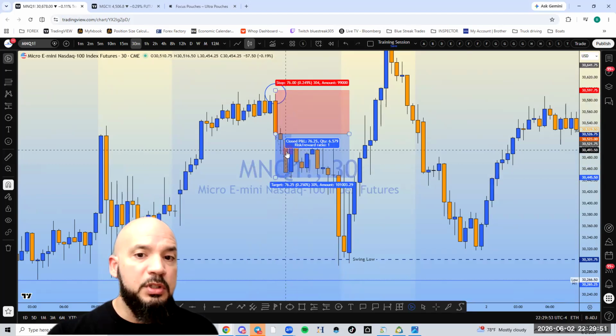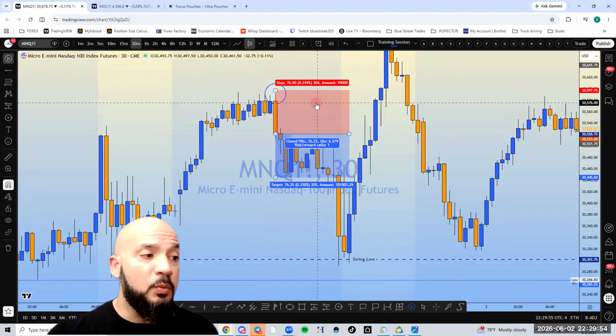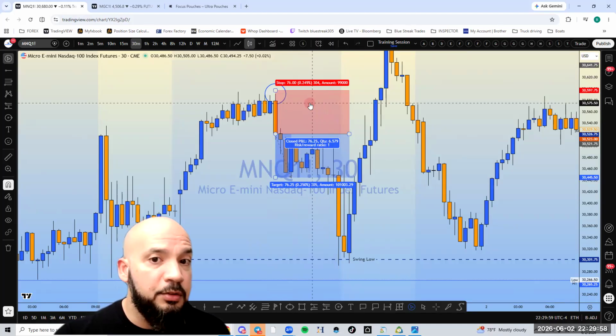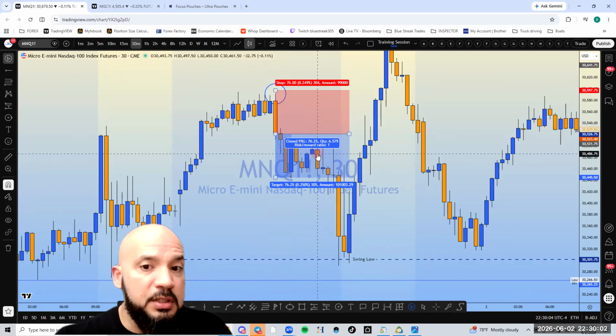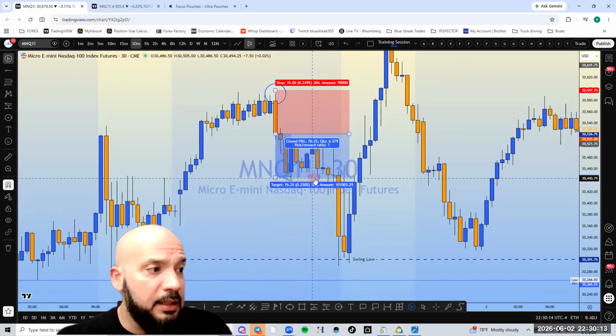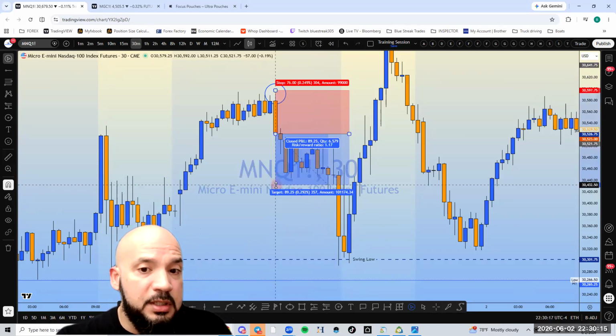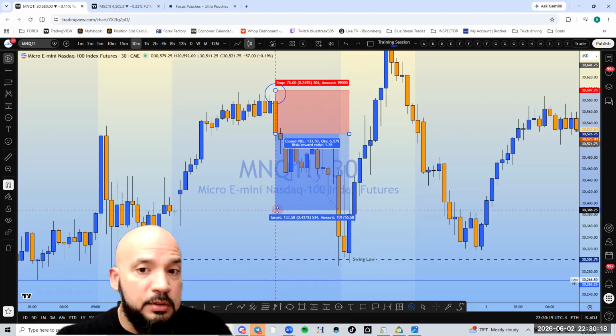This right here would be one-to-one. Because we determine what our risk is, and our risk is about 300 ticks, right? So you take the positioning tool and you measure out what the risk to reward ratio is going to be at one-to-one, and you set take profit one there. After you set that, you move your positioning tool down to 1-to-2, which is right here.